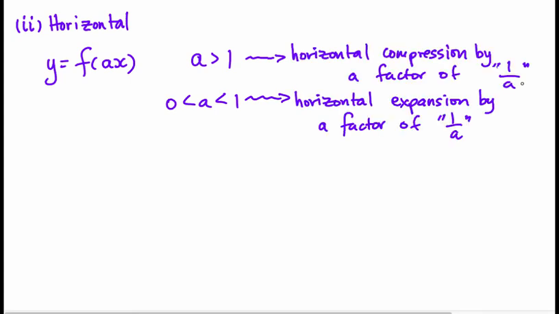If the a value is bigger than 1, you actually are compressing the graph. In this case, you're compressing it by a factor of 1 over a. If it's between 0 and 1, you're actually expanding your graph horizontally, which means your graph is getting wider. This one is getting less wide, compressing in towards the y-axis. So it's opposite.